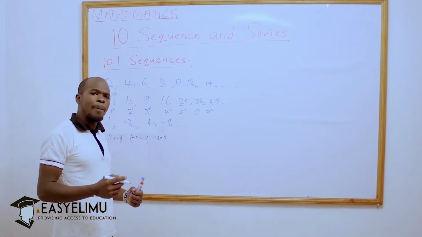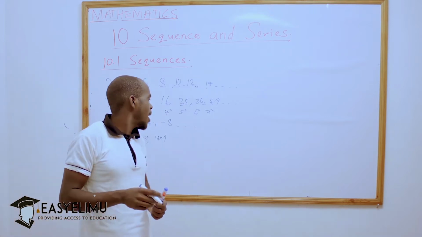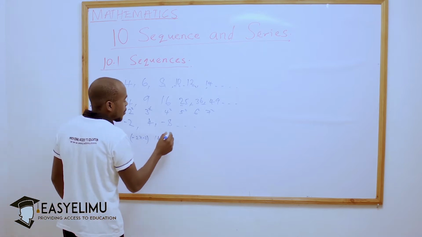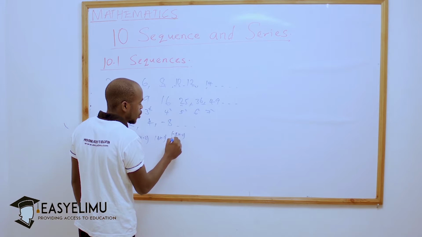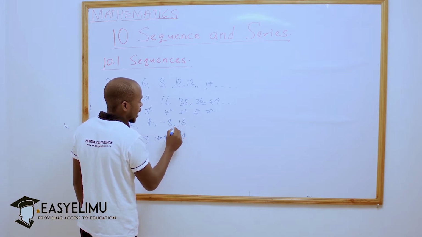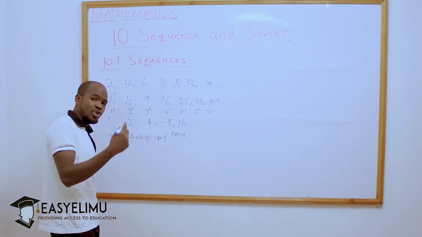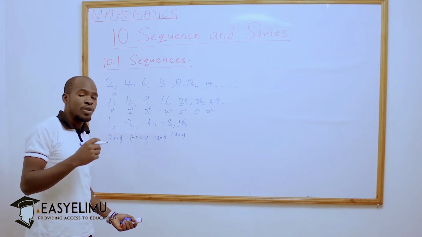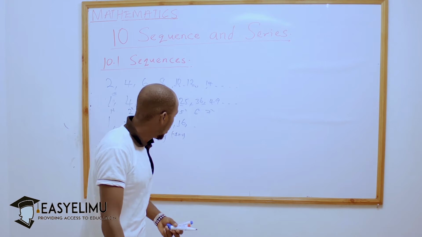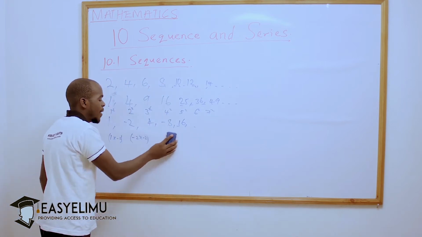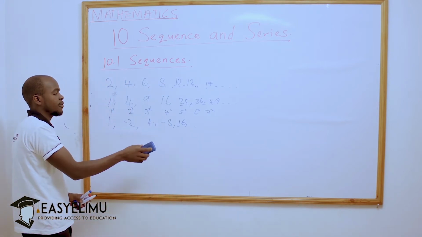So if you want another one, you take negative 8 multiplied by negative 2 and get 16. The signs alternate between negative and positive as you move on. To find another term, you multiply by negative 2.